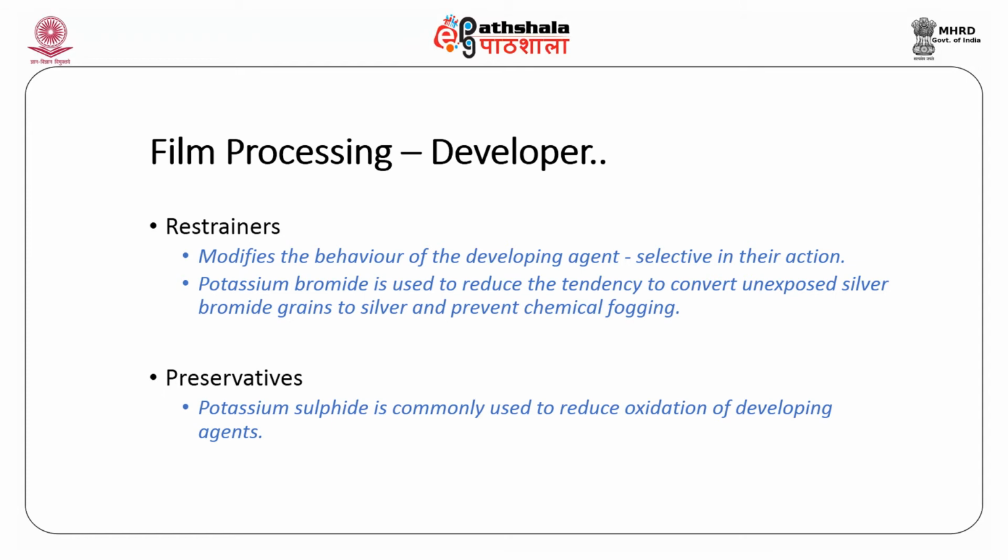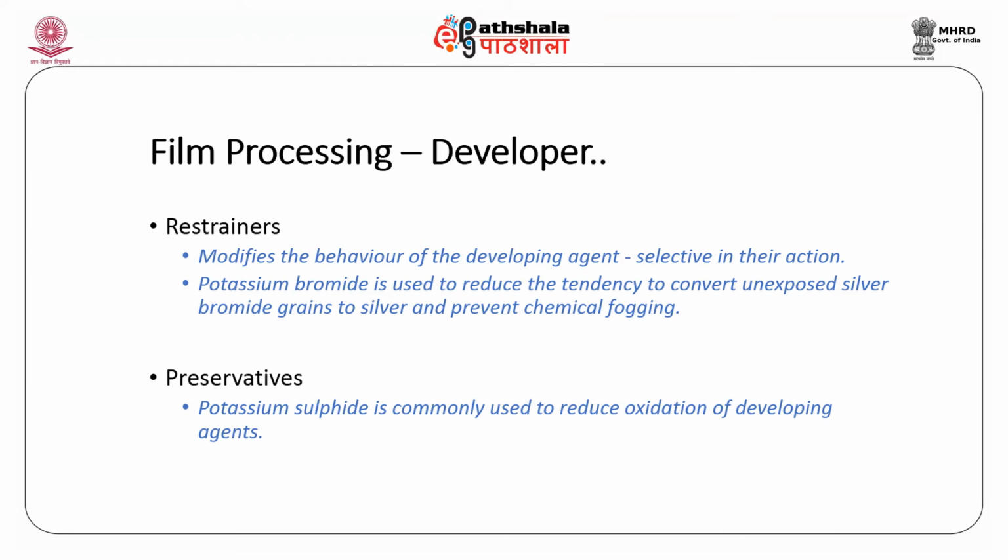Potassium bromide is used to reduce the tendency to convert unexposed silver micrograins to silver and prevent chemical fogging. There are also preservatives used. Potassium sulfite is commonly used to reduce oxidation of developing agents.